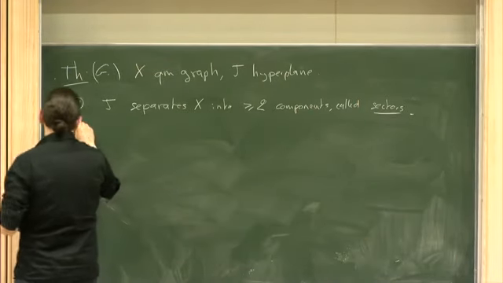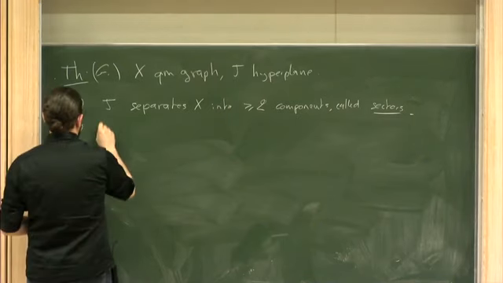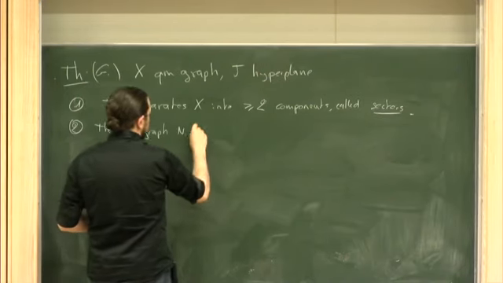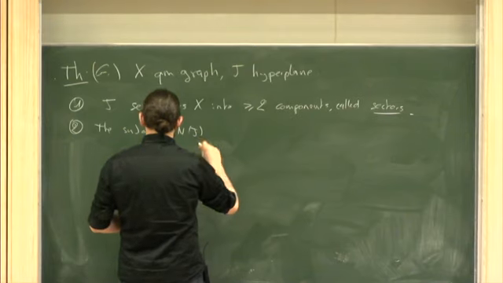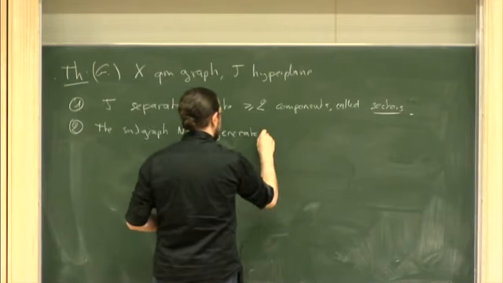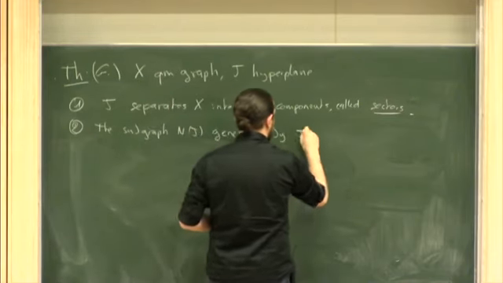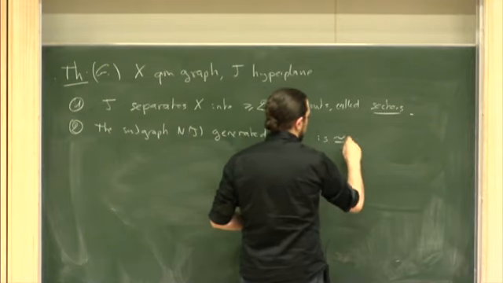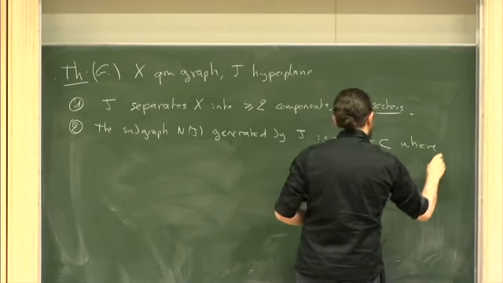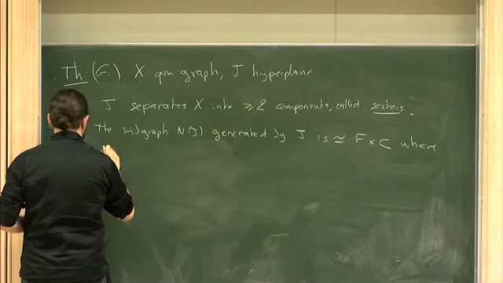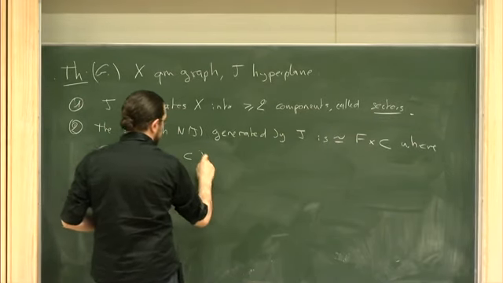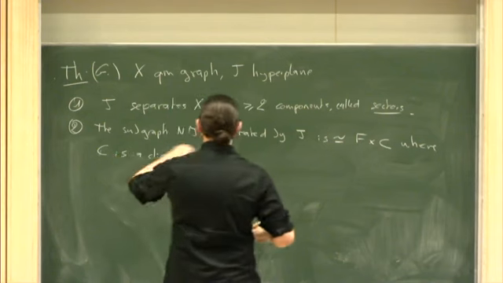Okay, the second point is that the subgraph N(J), N for neighborhood, the subgraph generated by J, is isomorphic to a product C times F, where C is a clique included in J. Maybe I should define a clique.